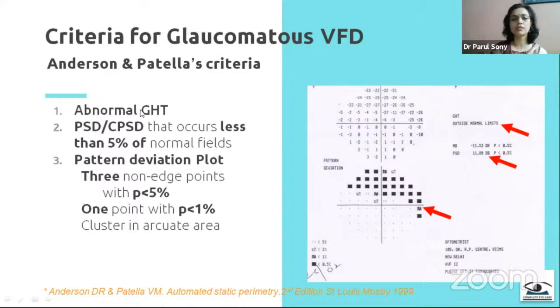On a Zeiss printout, if you have an abnormal glaucoma hemifield test, if you have a PSD which is less than 5% of the normal field, and if you have three non-edge points out of which 1 point is at least 1% of lower probability than the normative database, and 2 points are less than 5%. If you have all these three criteria, they fit into the diagnosis of a glaucomatous field defect.